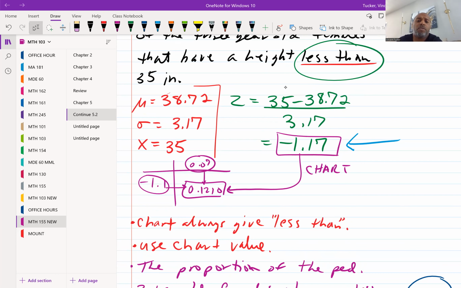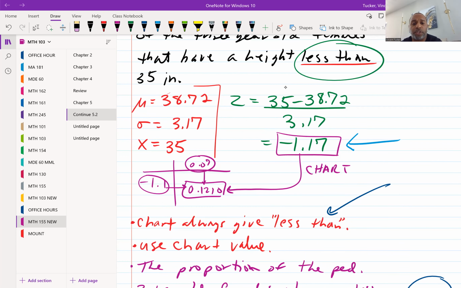All right, so we convert the 35 to a z-score, which is negative 1.17. And then go to the chart, we get 0.1210. So here we're just re-emphasizing what happens with the chart. The chart always gives less than. And remember, less than is what we were looking for.